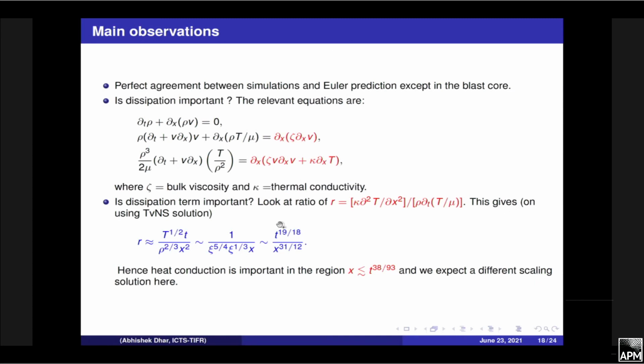Now if we look at this ratio, what we find is that this ratio at different times and space has this dependence. And there are all these funny powers that arrive, and you might wonder, why do you get these powers? That's because here we have to assume some form. The thermal conductivity has some dependence on temperature and density in our system.